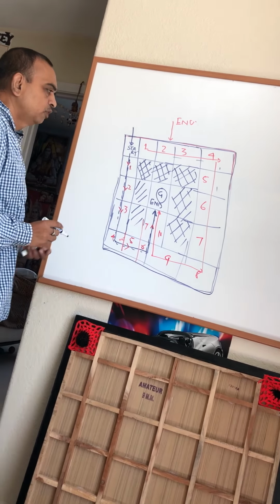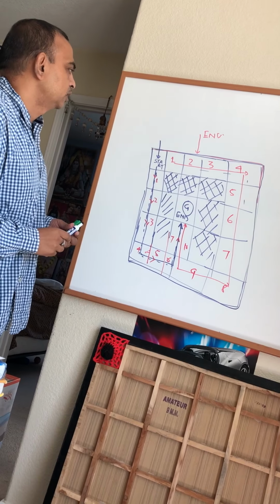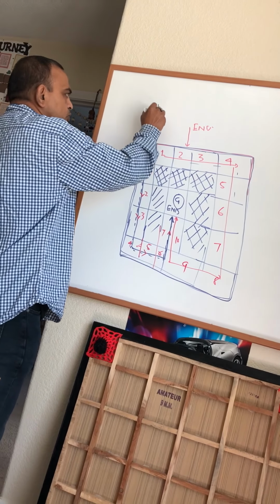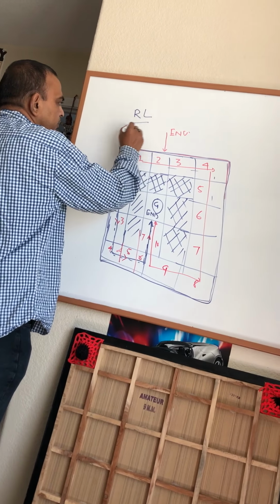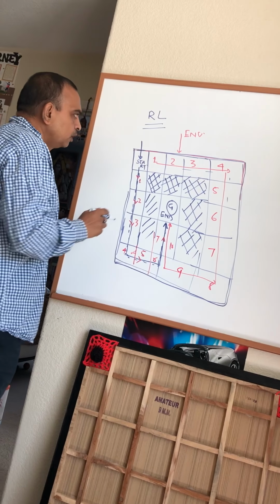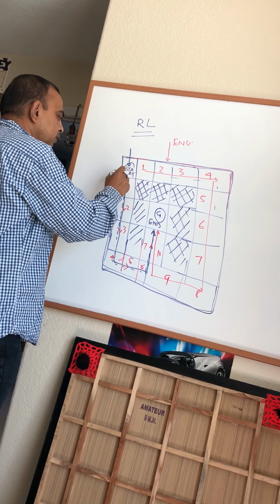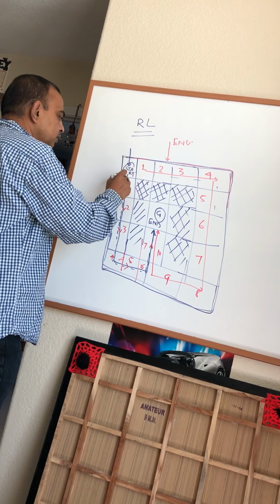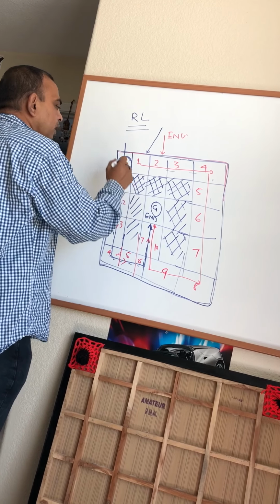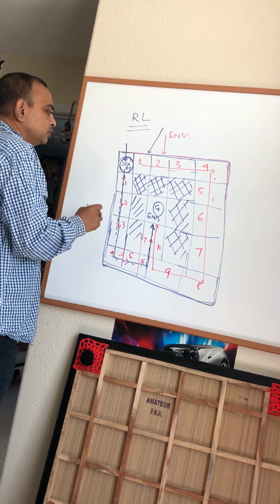For those who don't know, this is called the reinforcement learning, or RL, method. In reinforcement learning, there is an agent, which in our case is this, an environment, where the maze is our environment, and then a policy.